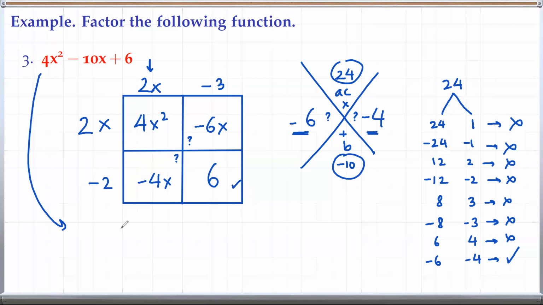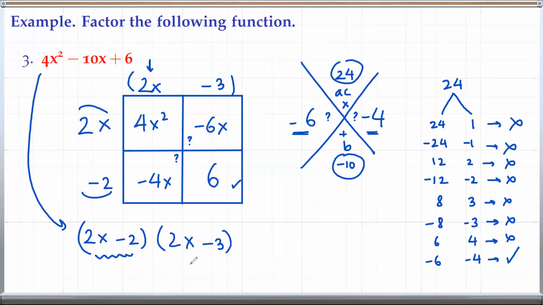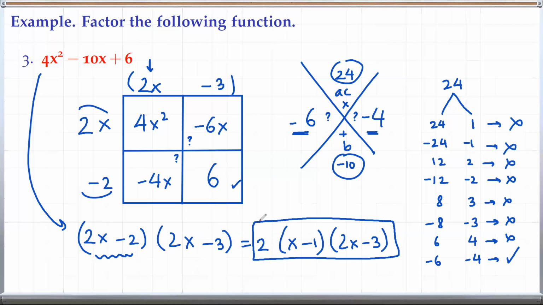So this we can write as 2x minus 2, so this is a factor, times 2x minus 3. This is another factor. If you look at this one here, we can factor out 2. So maybe we can go one step further and write that as 2 times x minus 1 if you factor out 2, and 2x minus 3. So these are the factors for the given trinomial.